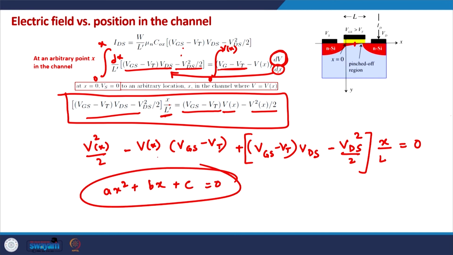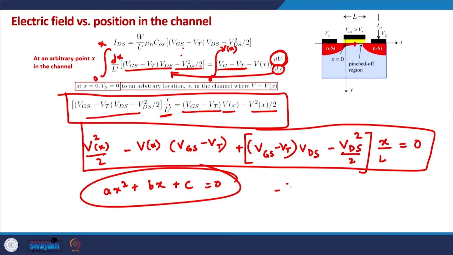And as all of us know from the basic maths, we can solve this quadratic equation, and that's what your homework assignment is now. So you need to solve this quadratic equation as a function of Vx, and then minus del Vx by del x will give us the electric field at any arbitrary point in the channel.